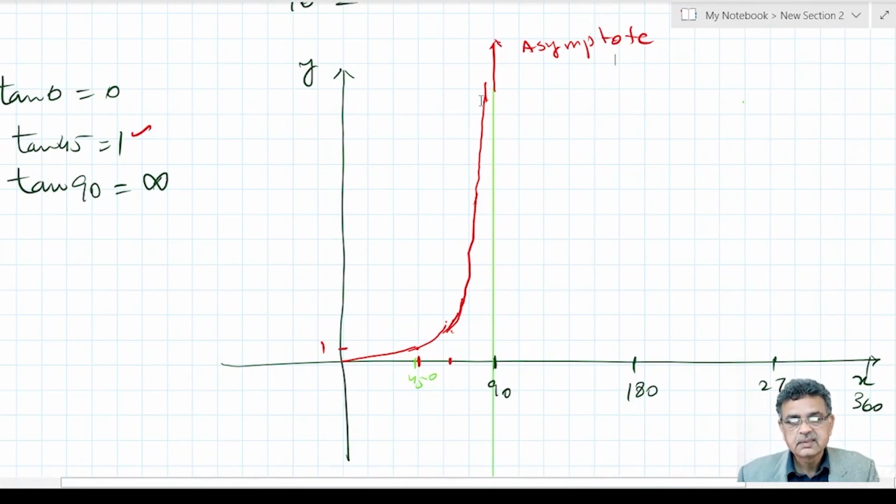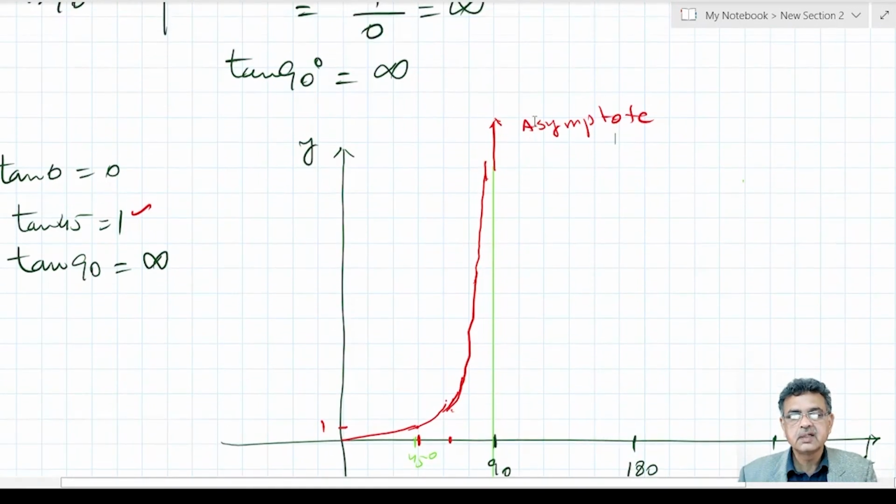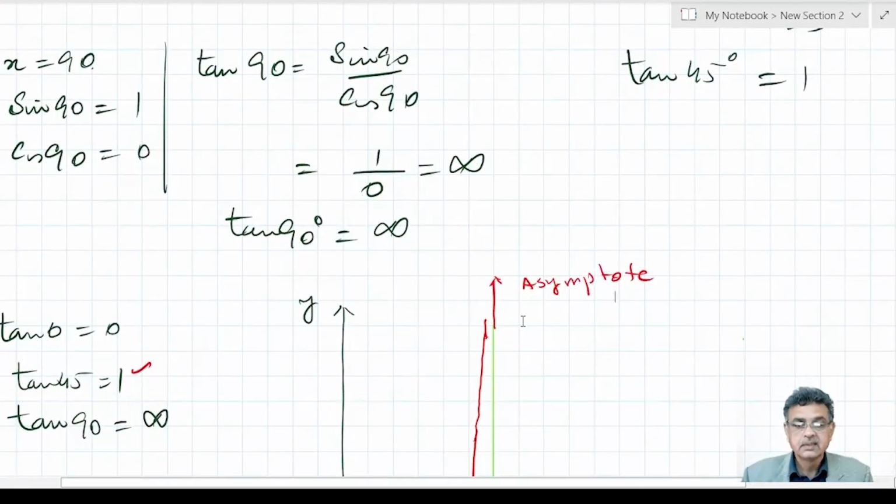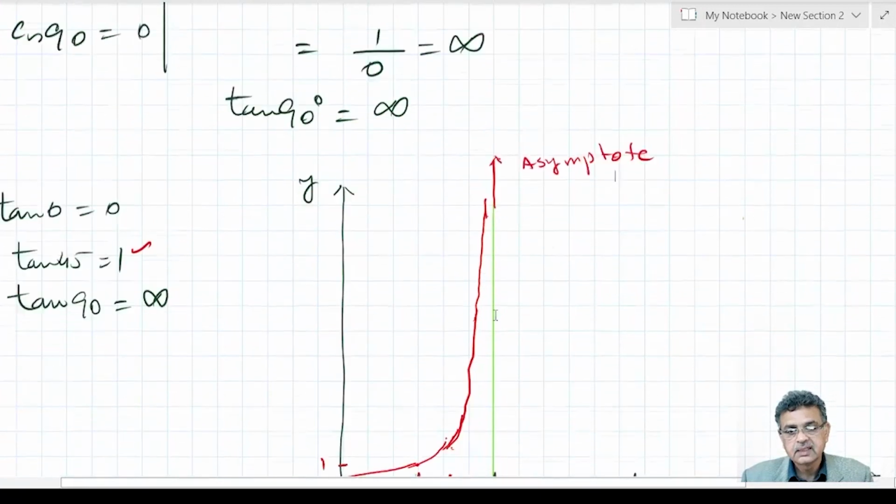It disappears towards infinity on this side. If we keep on drawing this line, it keeps on moving upwards, but it never appears to touch this line.